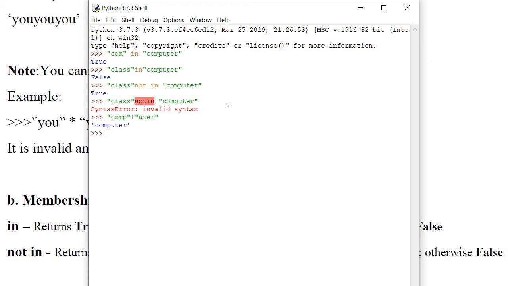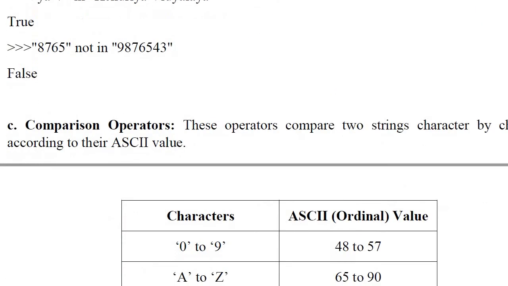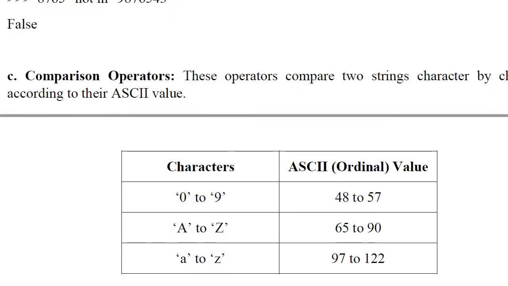Concatenate means join. Now the second one: the string computer into asterisk 5 will print computer 5 times. So both of these are your basic operators, and these are your membership operators.